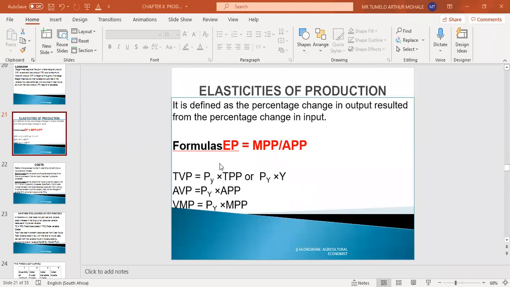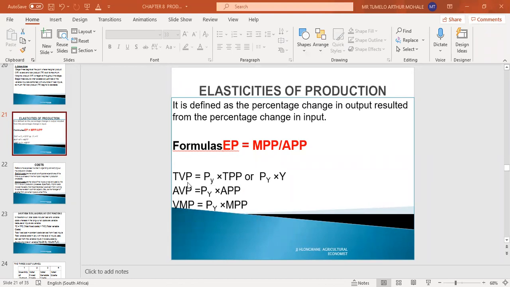Continue. Okay, thank you. So now we are looking at other formulae, right? We have the variable formulae. So we are looking at the total variable product. The V stands for variable.